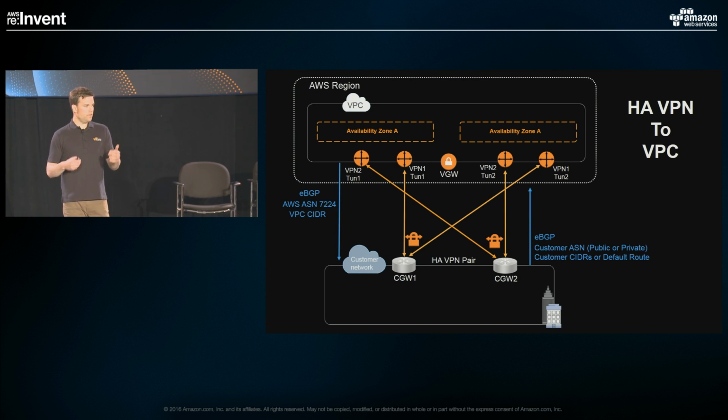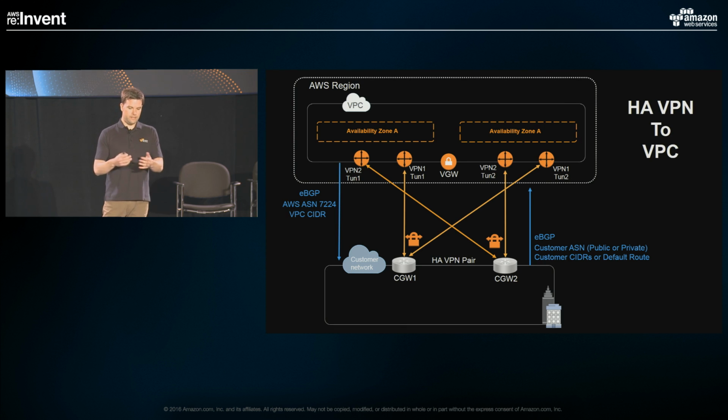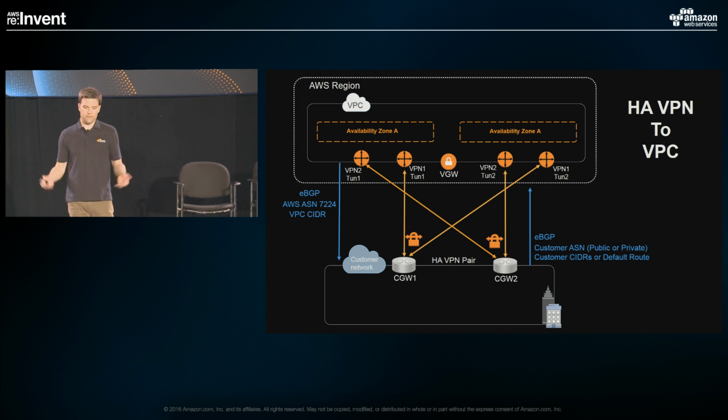And then BGP, please don't do static routes. Always dynamic, always BGP. And this is the arrangement when you connect to us. We advertise down our ASN and the CIDR block that comprises the VPC itself. You advertise up your network, so your internal corporate network.